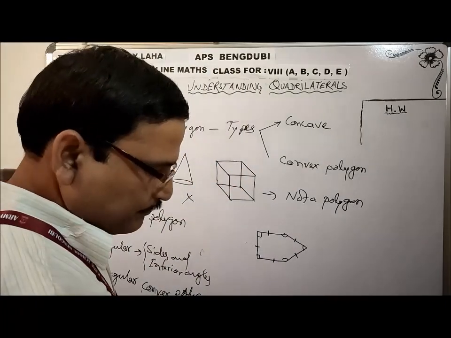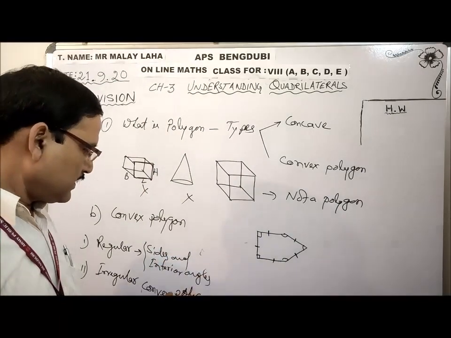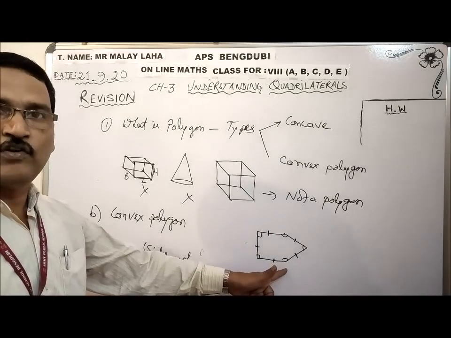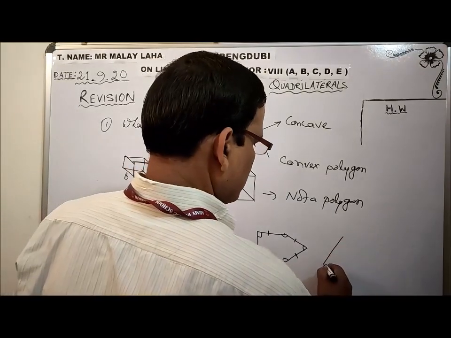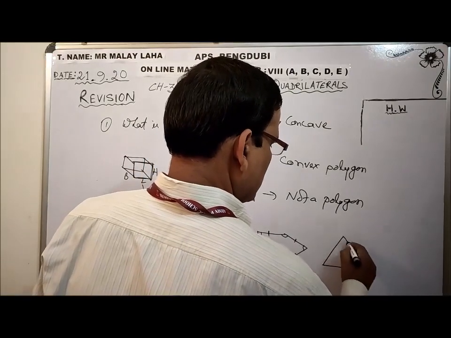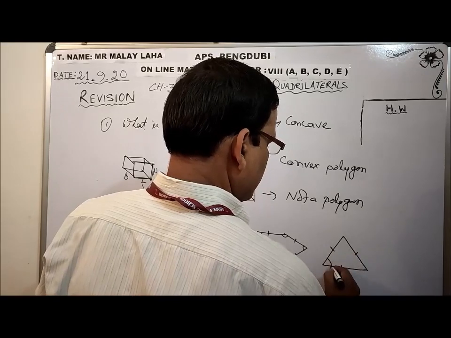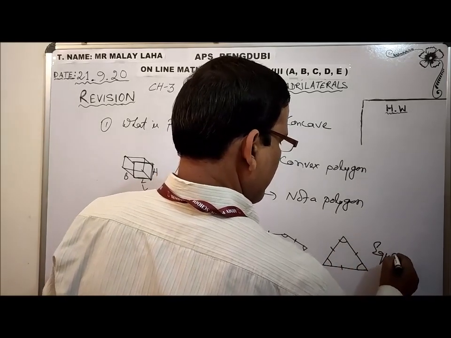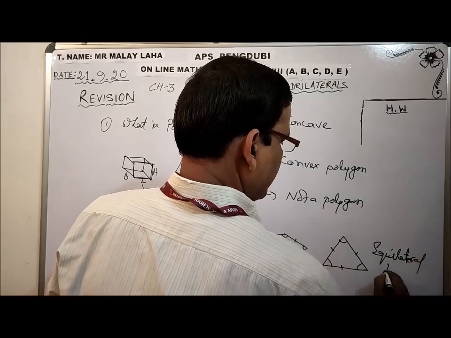Now, have you understood regular and irregular? Here the sides are equal, but the angles are not equal, so it is irregular. The regular figure is this: this side, this side, this side equal, and this angle, this angle, this angle equal.